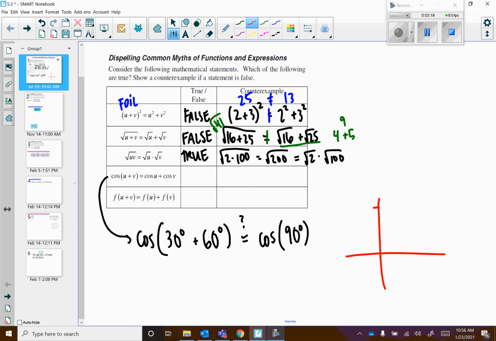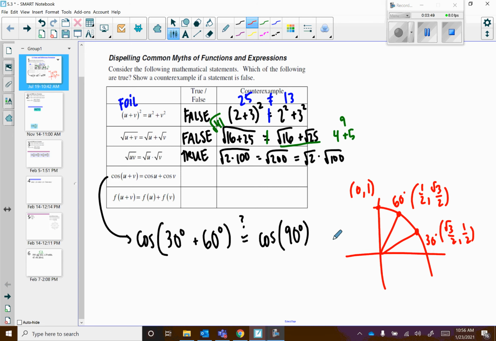All right, so I'm considering my unit circle. I need these 2 points and the point 0, 1. This is 30 degrees. This is my 60 degrees. And 30 degrees is square root of 3 over 2, 1/2. And 60 degrees is 1/2, square root of 3 over 2. All right, that was a really quick unit circle.